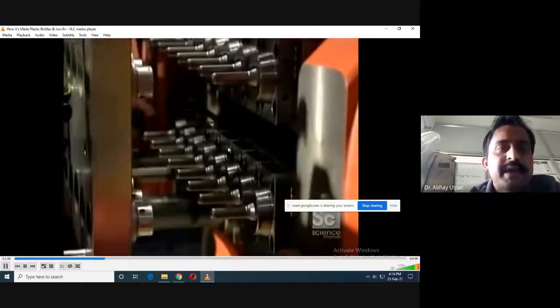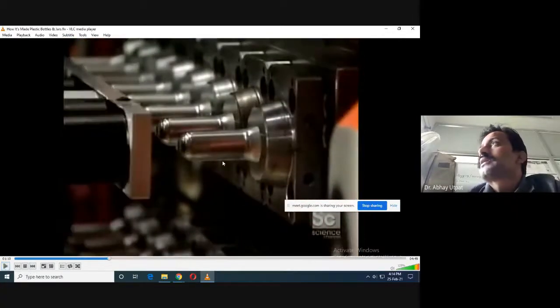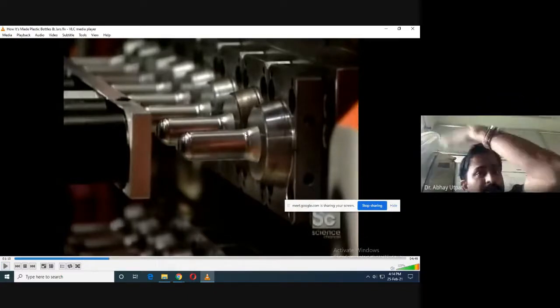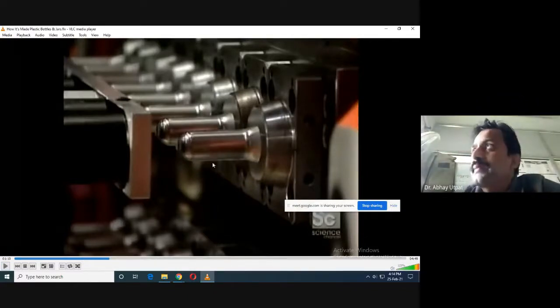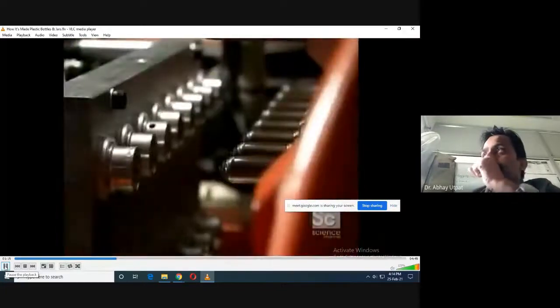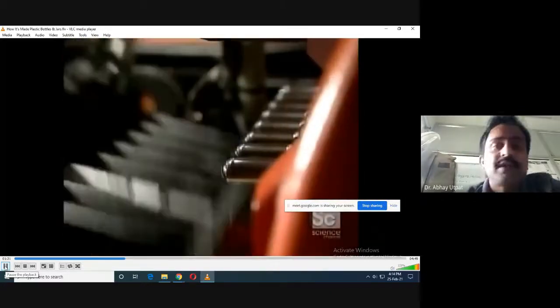Please see this Parison production. So these are the Parisons. This is injection blow molding process where Parisons are manufactured separately by injection process. And these are directly sent to the blow station.